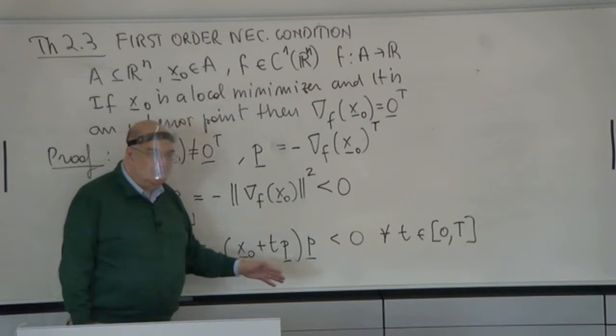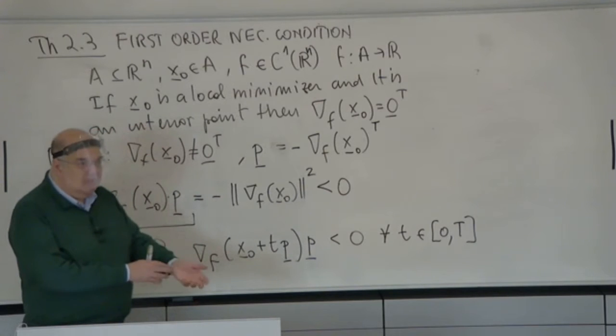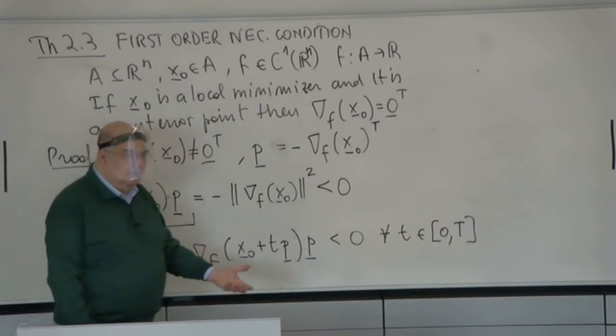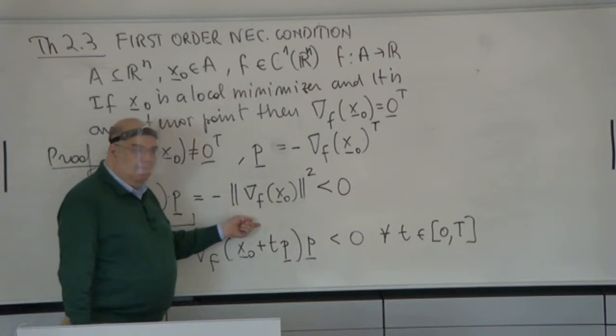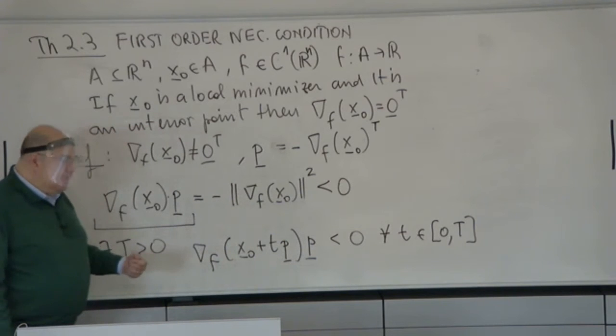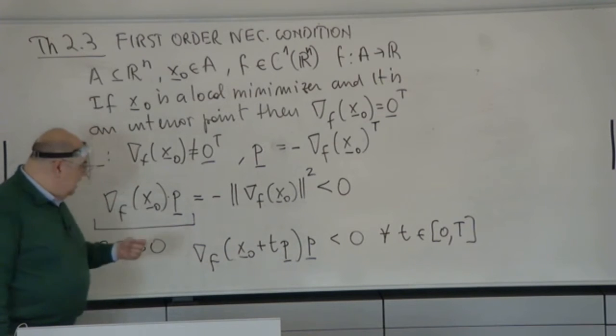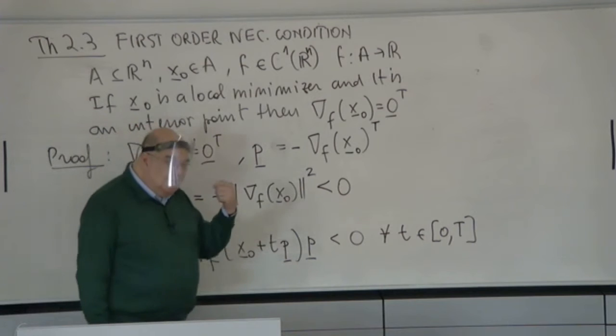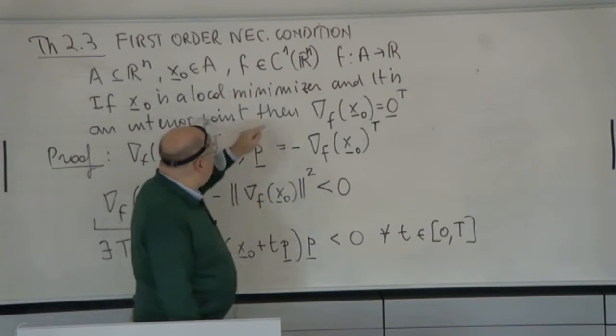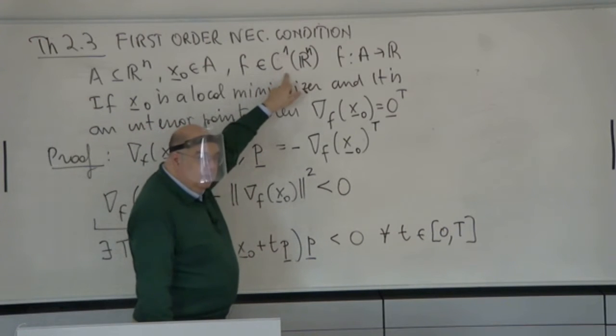What remains below is just the technical proof that this is actually a contradiction, but the idea is already here, okay? To prove this, first of all, we rely on continuity of f and of the gradient of f, because we need the gradient of f to be continuous. That's the reason why we require f to be C1.